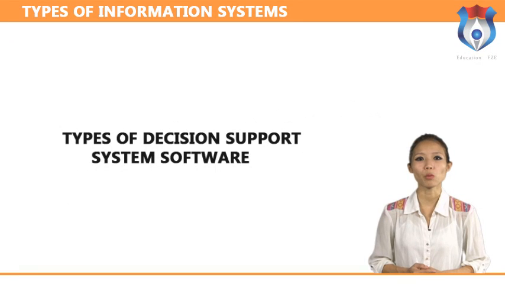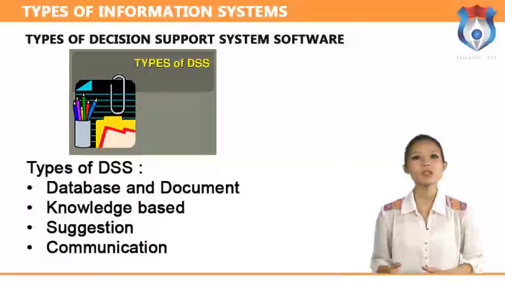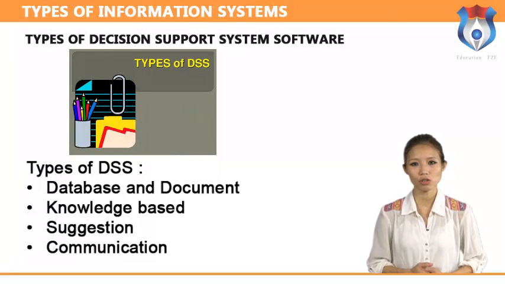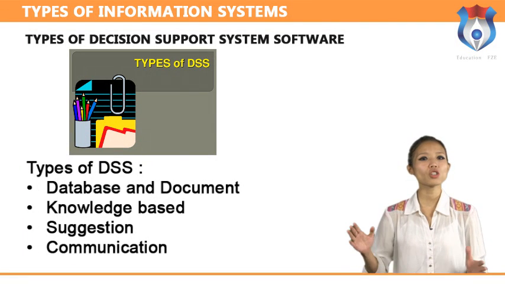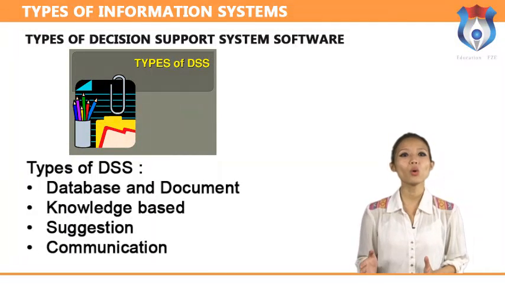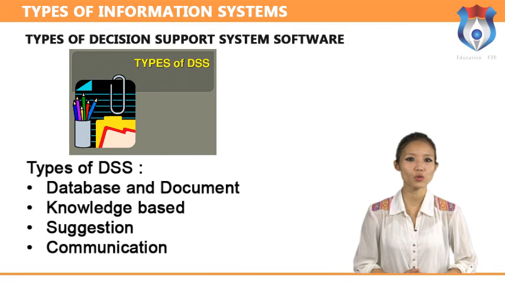Types of decision support system software. Various types of DSS software are database and document decision support system. Software allows the user to access databases and files pertinent to the decision, so the user can inform himself on the issue.